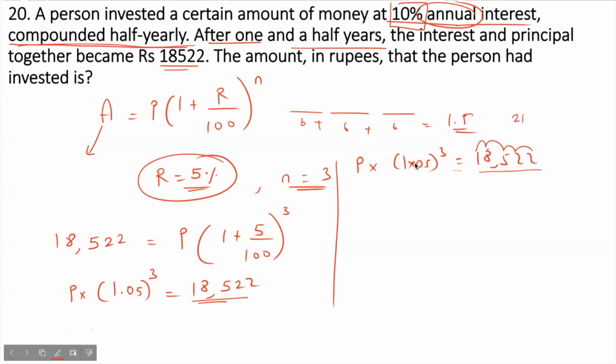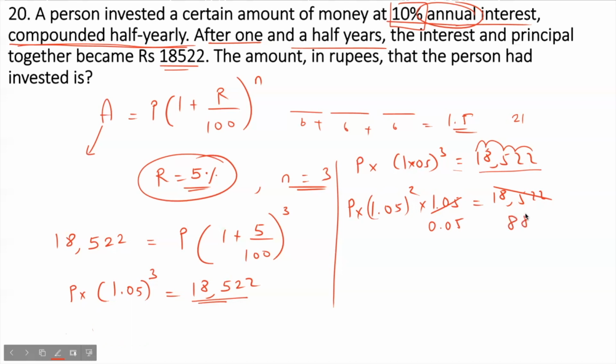So I will first split the 1.05 cube as 1.05 square into 1.05, that is 18,522. Okay, so 21 into 0.05 is equal to, we can cancel out by 21. So 21 8s are 168, 17 remainder.